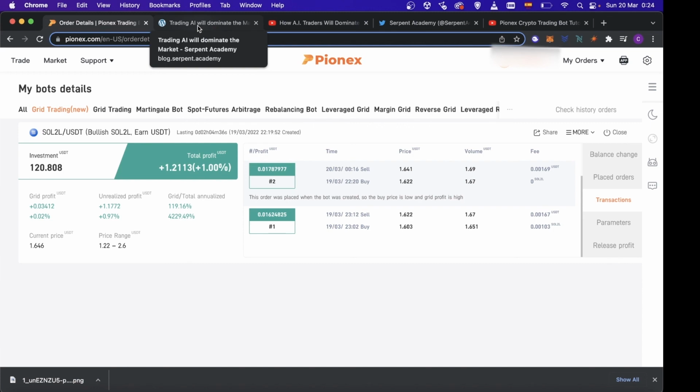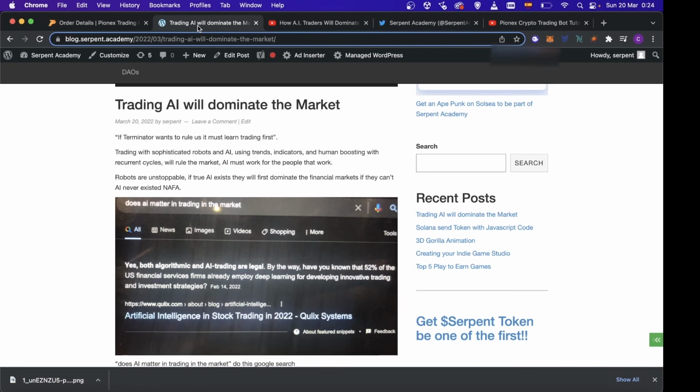So it can be like the trigger. The robot will capture all that volatility of the market, and those are the people that are going to get all the market cap, not the holders, not by staking, but by using artificial intelligence.